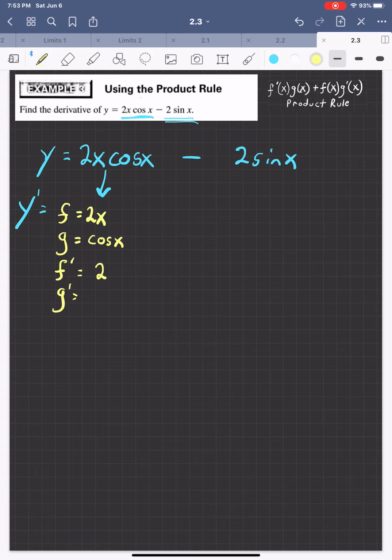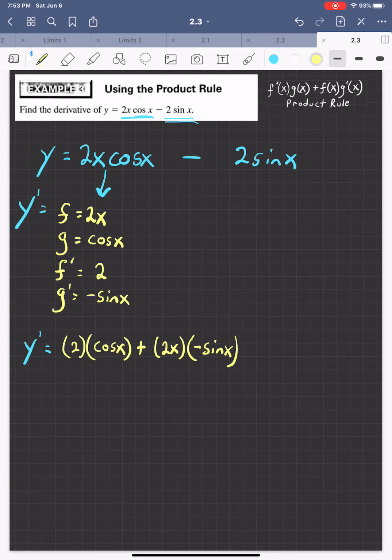And g prime, the derivative of cosine, is negative sine. Okay, so let's go ahead and put everything in the right spot here. Looking up to the top right-hand corner, I have f prime times g. So that's 2 times cosine of x plus, all right, now it's f times g prime, which is 2x multiplied by negative sine of x.